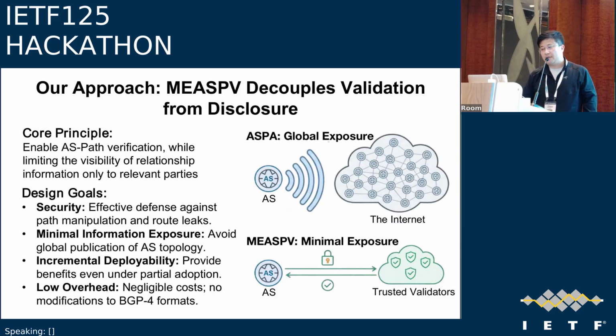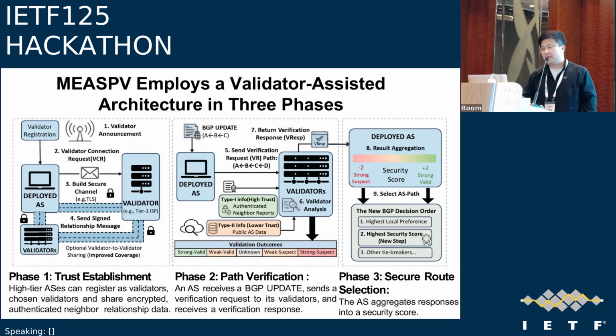To solve this problem, we designed the minimal exposure AS path verification. It decouples validation from disclosure. And it employs a validator assistant architecture in three phases: trust establishment, path verification, and secure route selection phases.